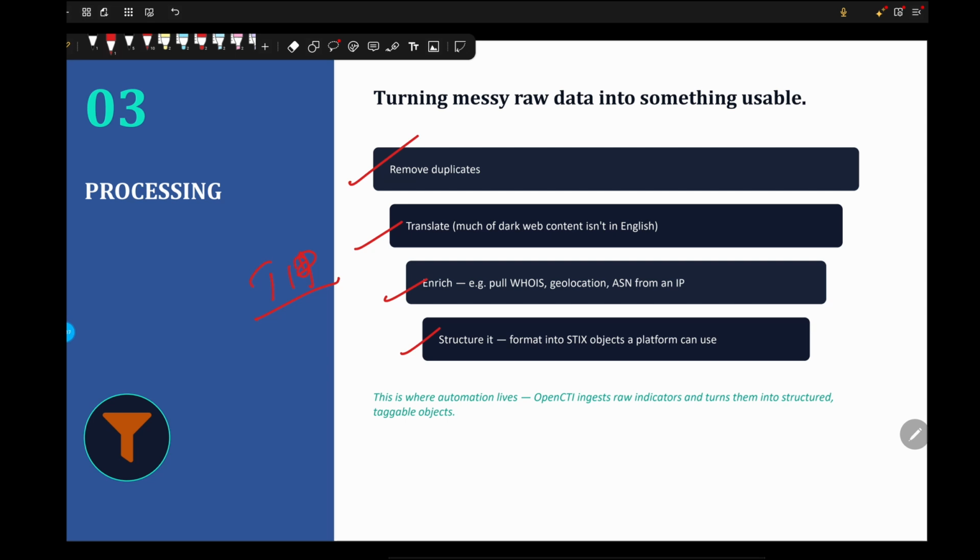That is really important. So that's where processing comes in. One of the major parts of processing is to structure the data so that it can be used effectively further.